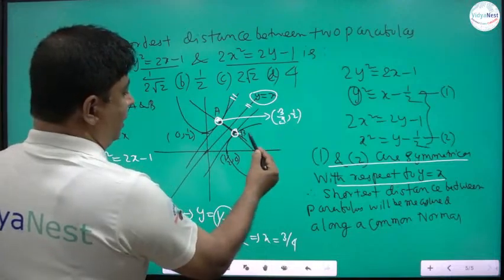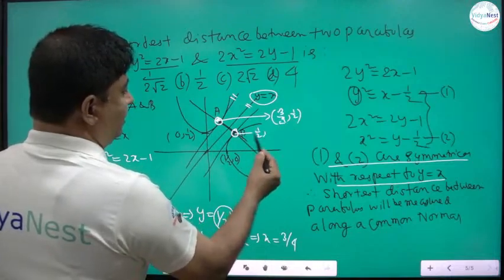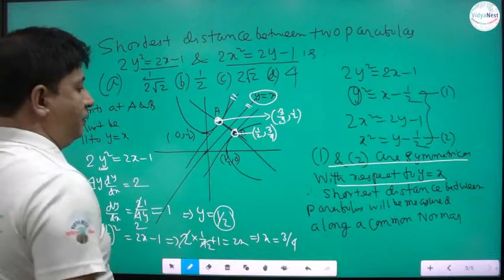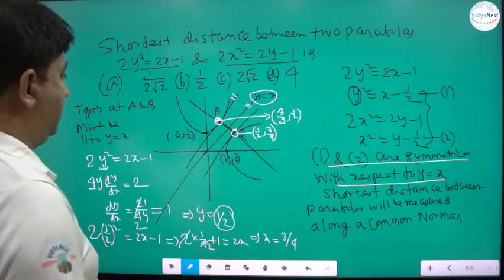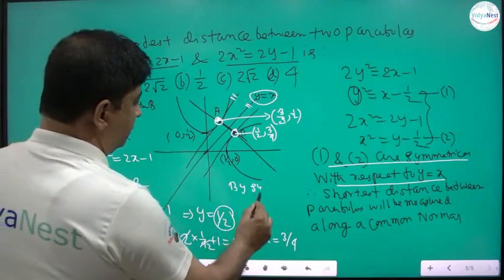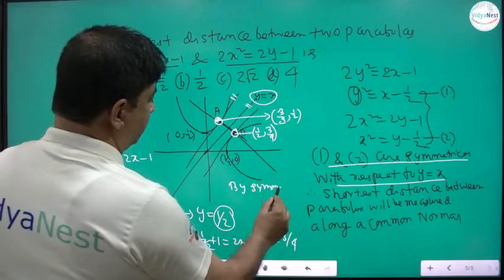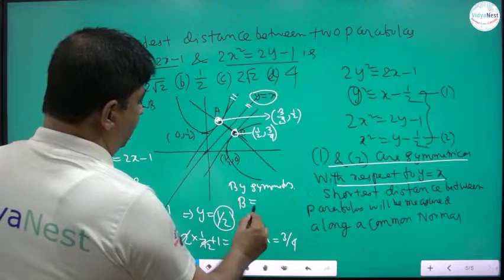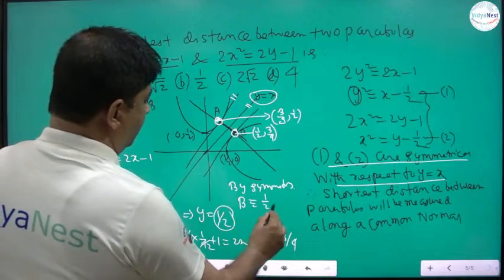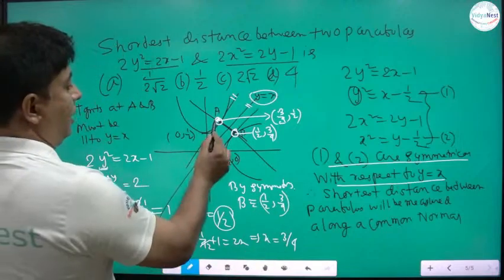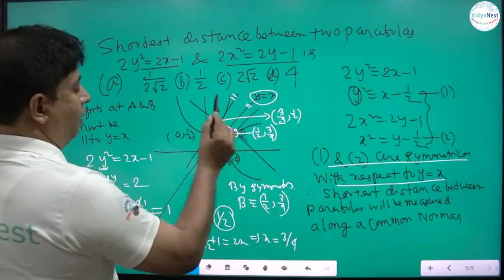Half will come in place of x, 3 by 4 will come in place of y. Therefore, by symmetry, B will be half comma 3 by 4. So we have got the foot of the normal.